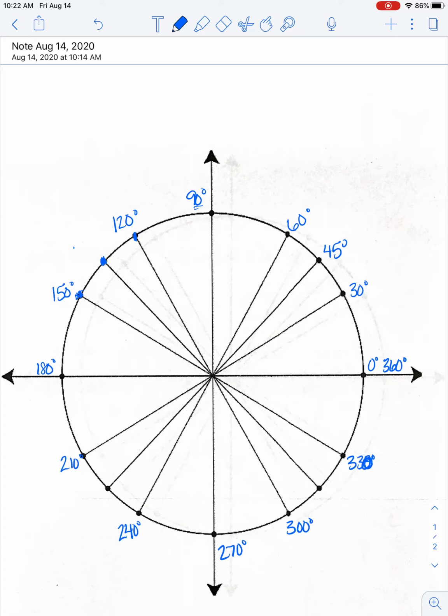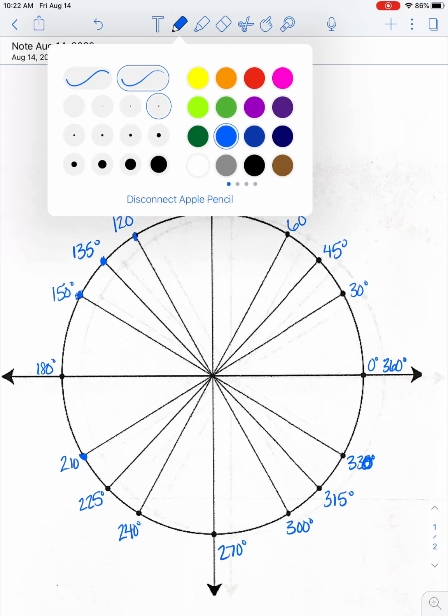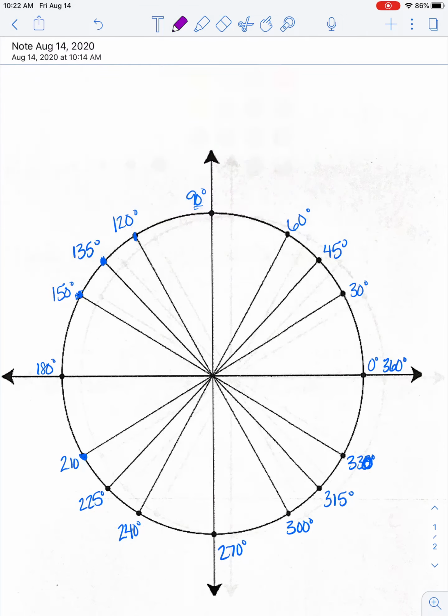So if you bump 120 degrees up 15 degrees, that will give you the middle. So I take 210 and I add 15 to it, and I get 225, and then this would be 315. Okay, so there's your degrees.